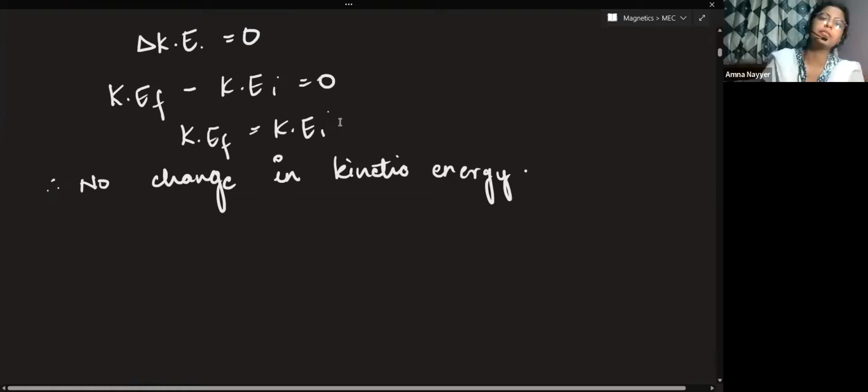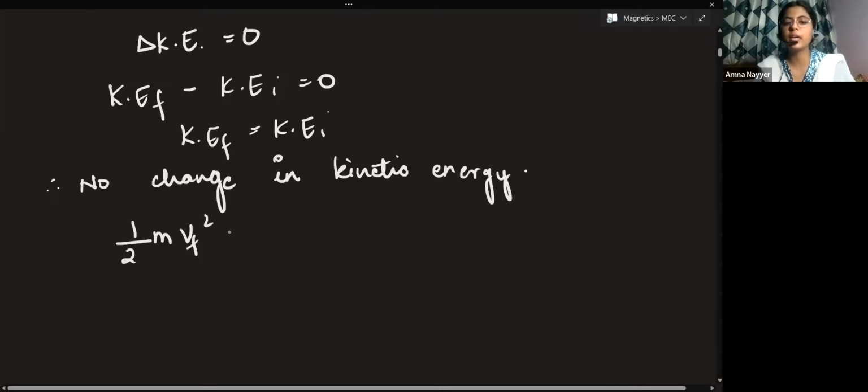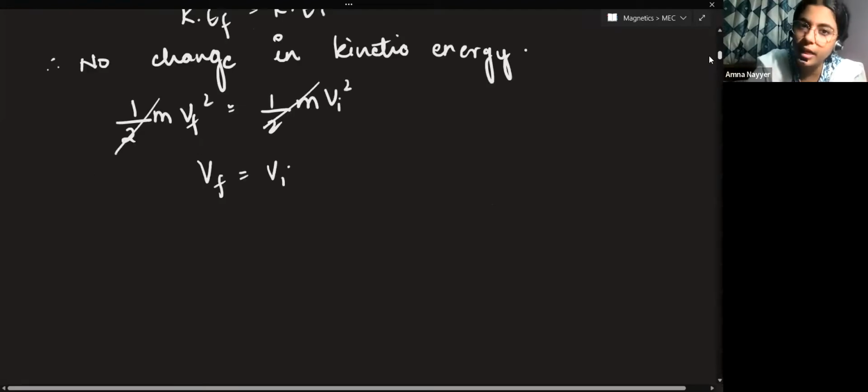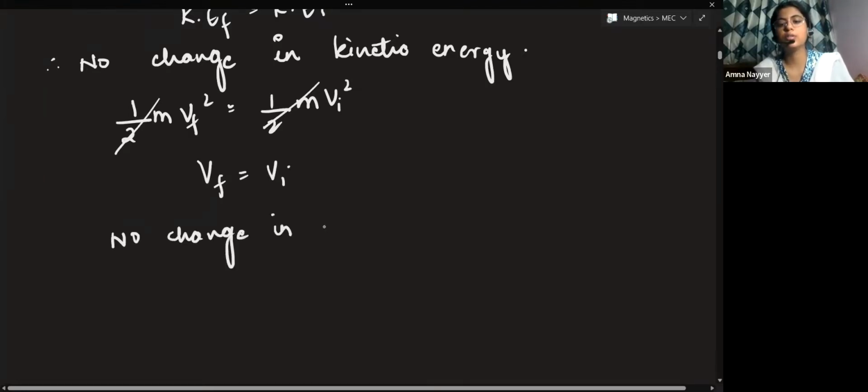So this becomes half m v final square equal to half m v initial square. So half m cancels, square also gets cancelled. It means there is no change in kinetic energy, and since there is no change in kinetic energy, that's why there is no change in velocity. No change in velocity. And both of these are due to the magnetic field, the magnetic force.